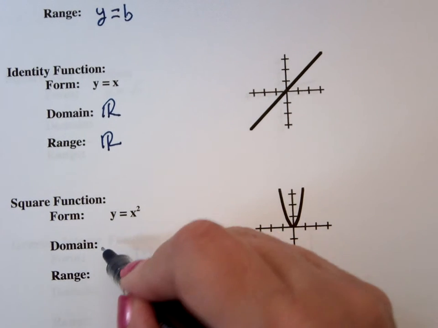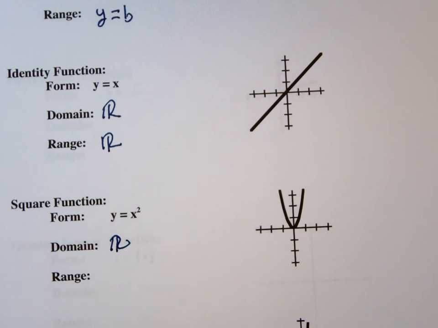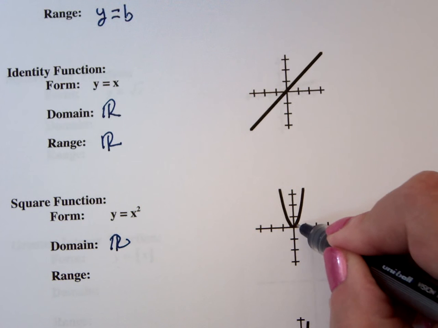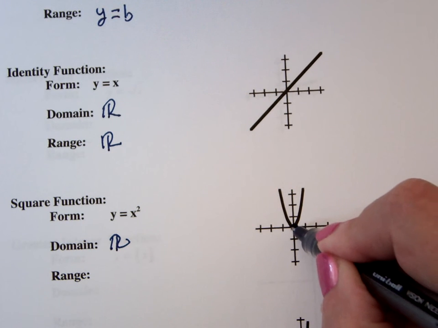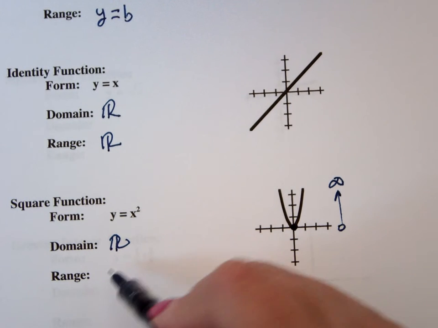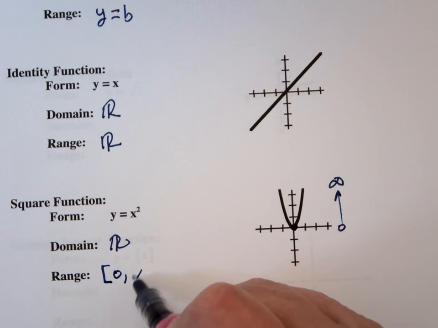What's his domain? All real numbers, but what's his range? He starts at 0 and goes forever. His range is 0 to infinity.